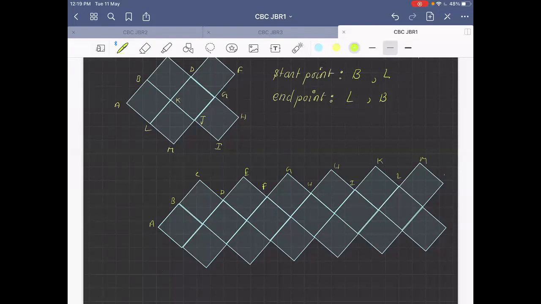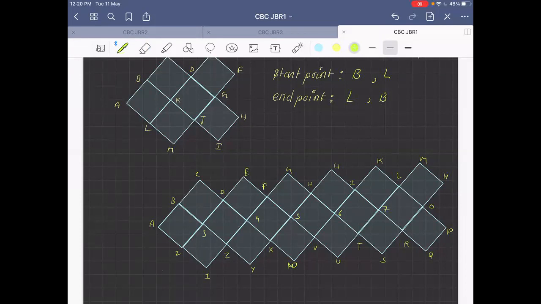A, L, M, N, O, P, Q, R, S, T, U, V, W, X, Y, Z, 1, 2, 3, 4, 5, 6, 7.